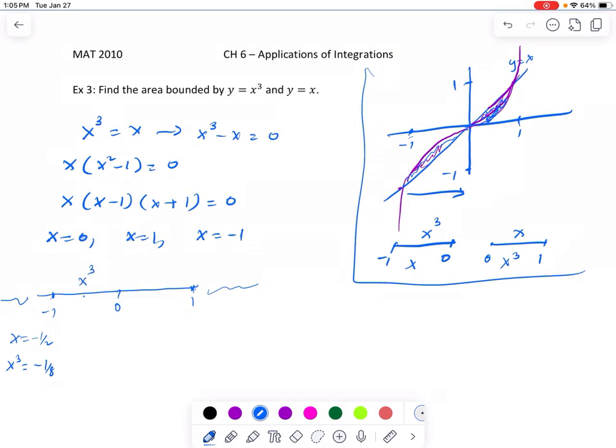In the second interval, we pick x is equal to 1/2. So x cubed will be equal to 1/8. Now here 1/2 is bigger, so x is above and x cubed below. Now you can set up your integrals actually.